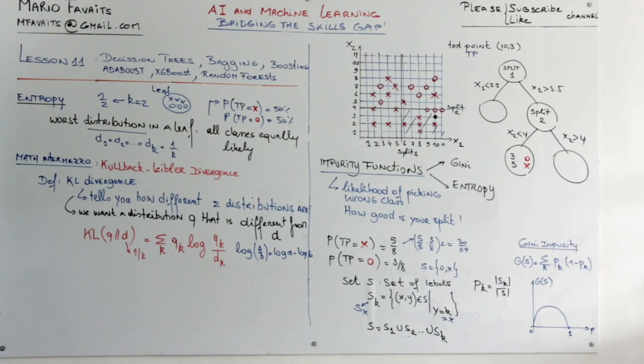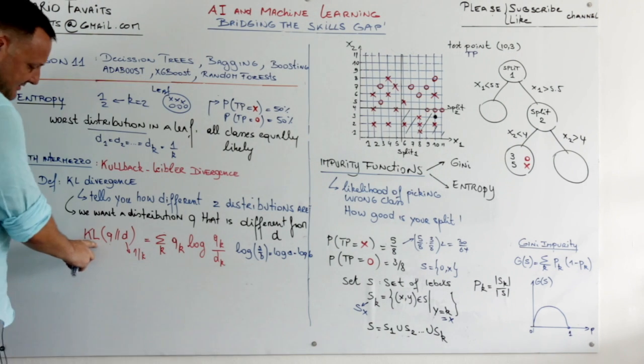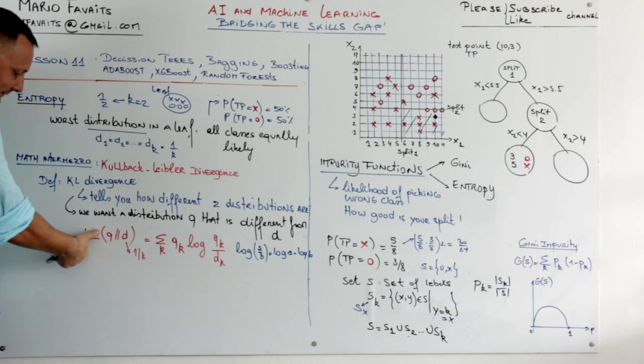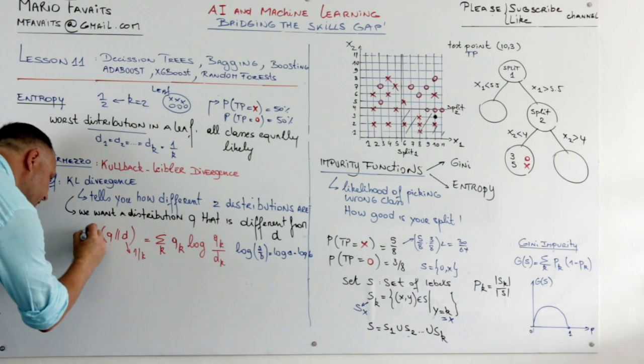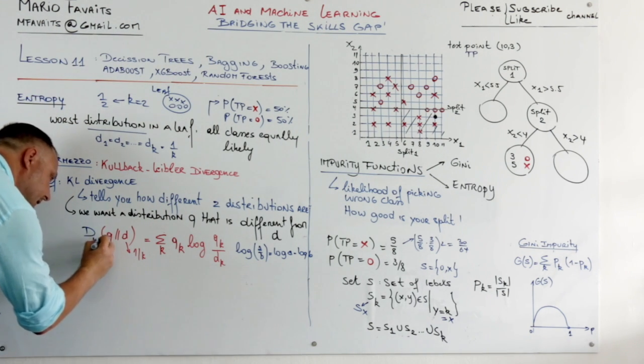It tells you how different two distributions are. And in our case, we want the distribution to be as far away as possible from the scenario where you have equal probabilities. The formula is written as KL, but often it's also called DKL.